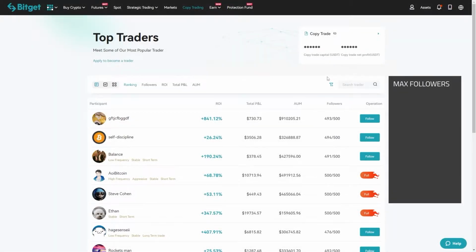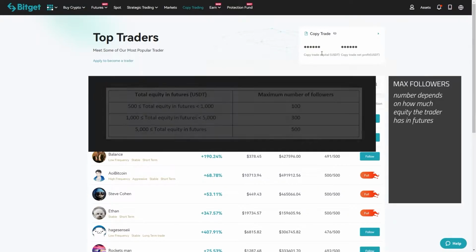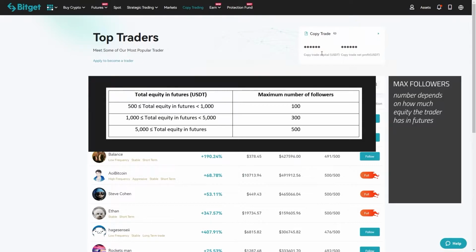As you can see, every trader has a maximum number of followers who can copy their trades. The maximum number depends on the total equity the trader has in their futures account, based on the following chart. So basically, if the trader has an equity between $500 and $1,000, his maximum number of followers will be 100. Between $1,000 and $5,000, the maximum number of followers has a follower cap of 300.